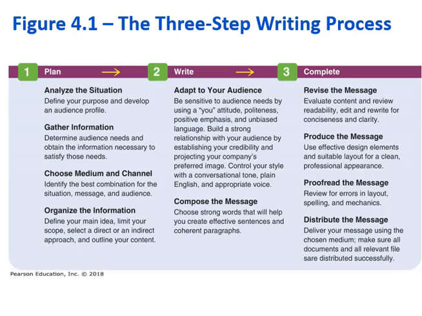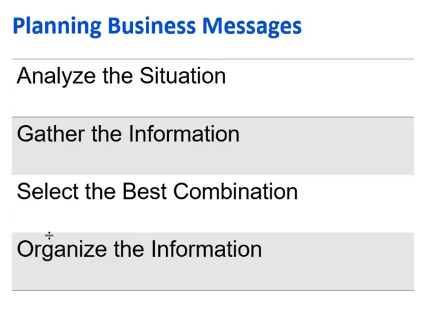These are the complex steps in a visual communications process or in a written communications process, and we will go through them step by step. First, you're talking about analyzing the information, gathering the information, selecting the manner in which you're going to communicate, and actually organizing it. This is all the first step.